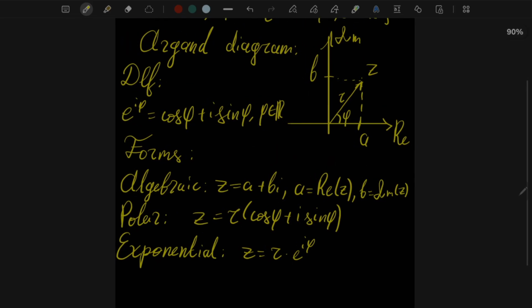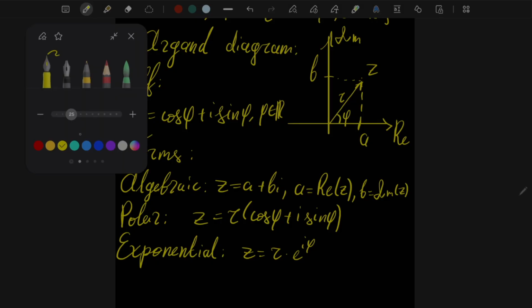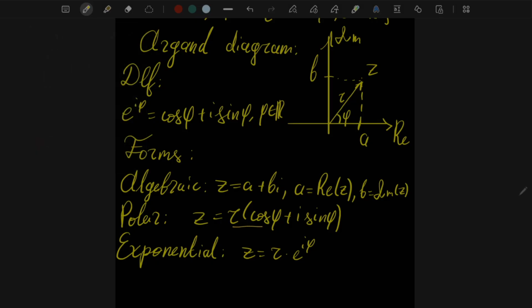Let's first talk about the polar form. Basically it is very similar to the real analysis and polar coordinates. The r multiplied by cosine of phi is the x value in polar coordinates, and r multiplied by sine of phi is the y value.